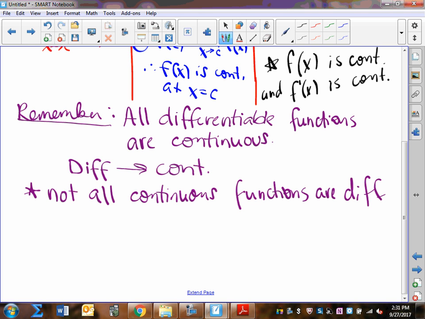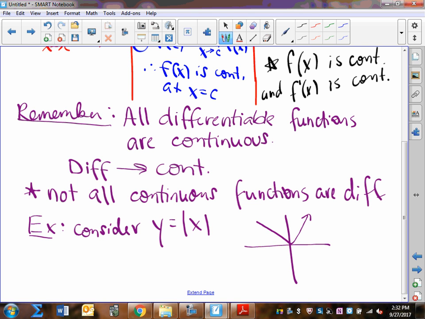Okay, so I think a quick and easy example to think of for this is if we consider the absolute value function. So consider y equal to the absolute value of x. Is this continuous everywhere? Yeah, that's continuous everywhere.